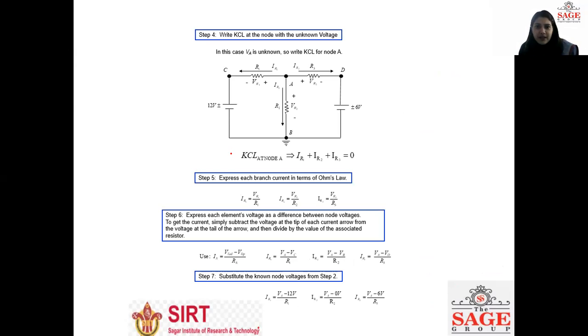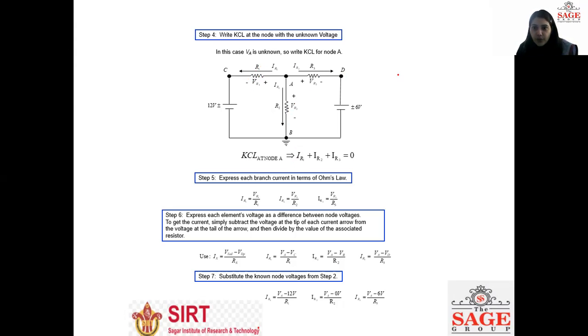For that we took that all currents are leaving from this node. First of all we will write down: this is R1, this is R2, and this is R3. Across R1 current IR1 is leaving.